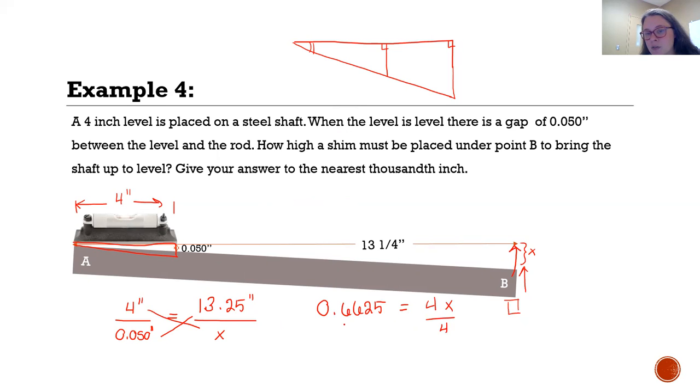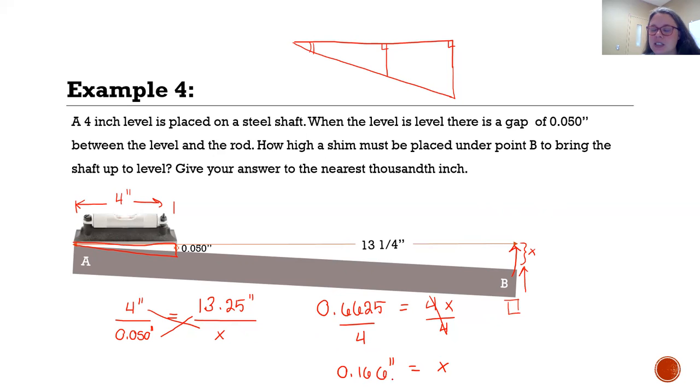Divide both sides by 4. And we find that x is equal to 0.166 inches, or 166/1000ths of an inch. That's a proper way to say that.